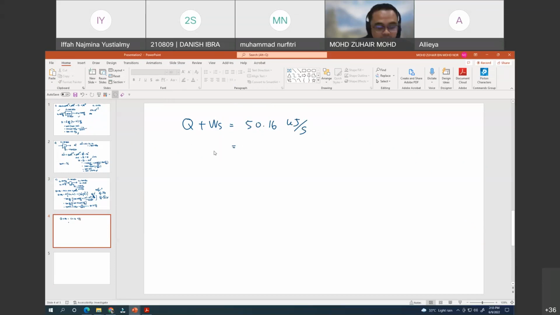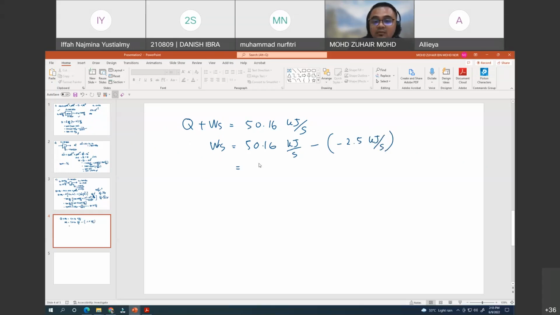Then the Q will be moved to the other side, so 50.16 kilojoule per second minus Q. It is a positive minus, and the value of Q is already negative, so it is 2.5 kilojoule per second.